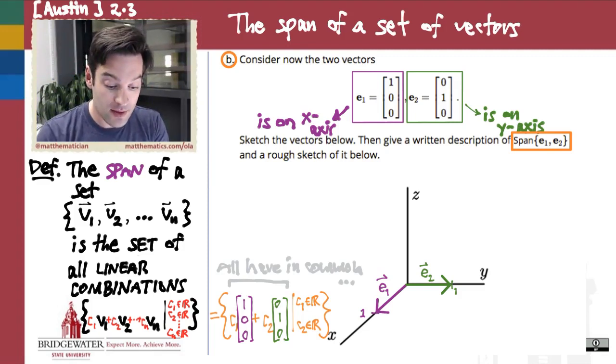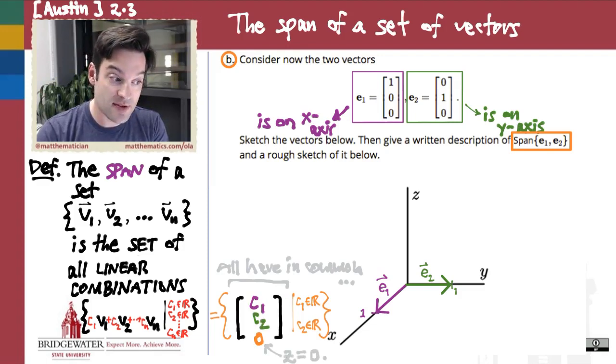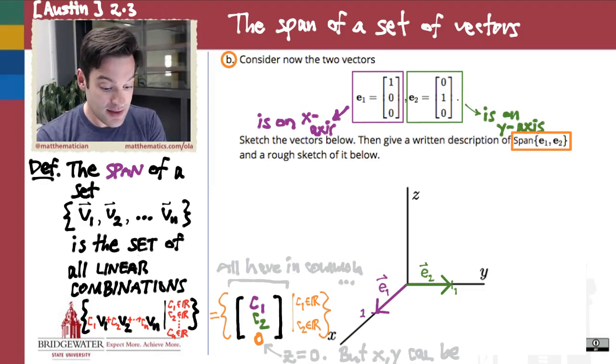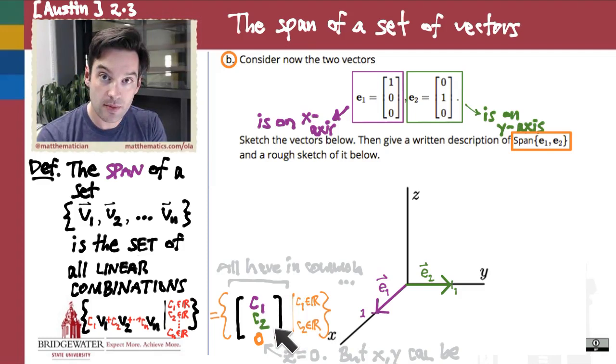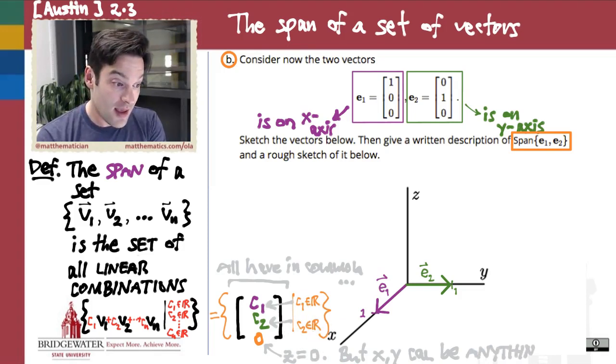When we carry out that arithmetic, c1 ends up as the first entry, c2 ends up as the second, but the third entry, no matter what we chose for c1 and c2, is going to end up to be 0. And therefore, the one thing that all points of the form (c1, c2, 0) have in common is that their z-coordinate is equal to 0. How do we choose x and y in this set? x and y can be chosen according to the restrictions on c1 and c2, and the only restriction is that they be real numbers. x and y, which are c1 and c2, can be chosen to be absolutely anything.